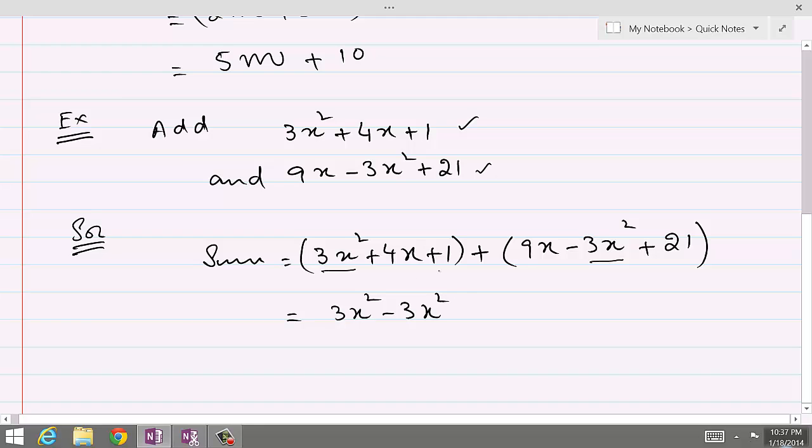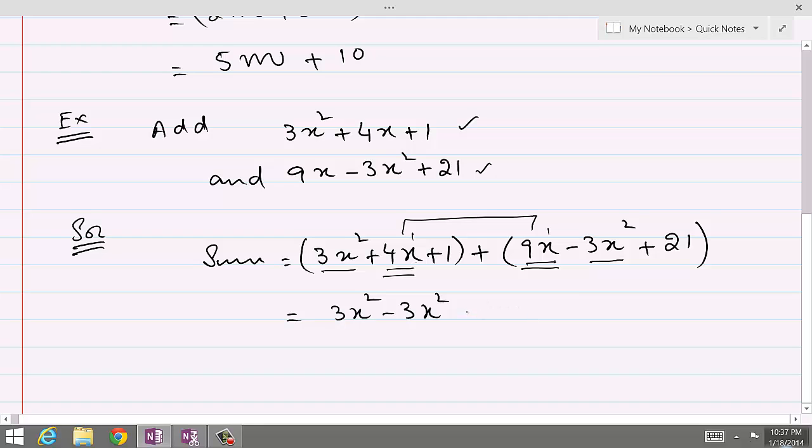And now take a look at the next term, which is 4x. Is there any other term in both the polynomials which involves only x? That is 9x. These terms are like terms because the variable x is the same and the exponent of x is also the same.